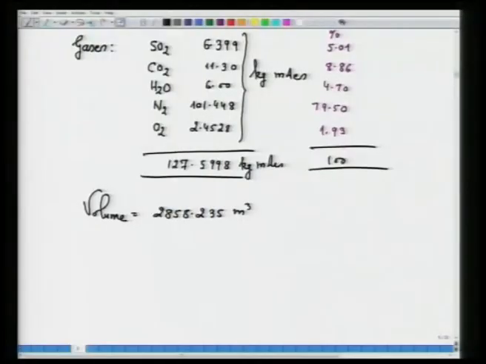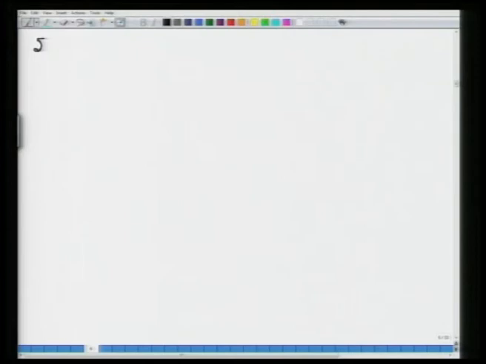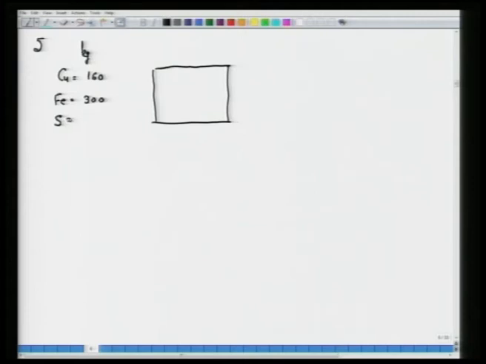Now, let us take problem number 5. Problem number 5 says, say you are charging, in kg, copper 160 kg, iron 300 kg, sulfur 320 kg, and SiO2 220 kg.